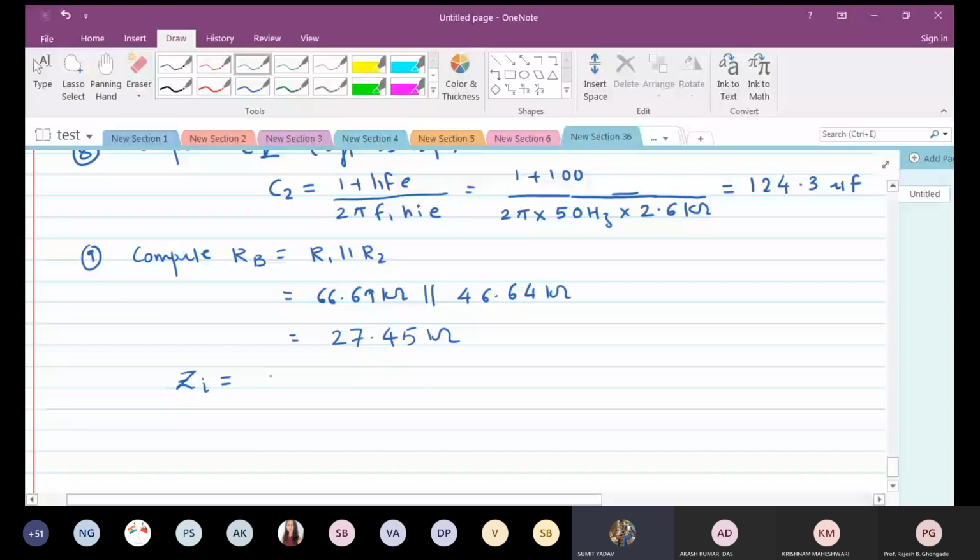It should be there as your ready reckoner, instead of flipping through the pages and going back to your notes. So what is Zi? It is RB parallel with HIE. So now you have to compute this: 27.45 kilo ohms in parallel with 2.6 kilo ohms.